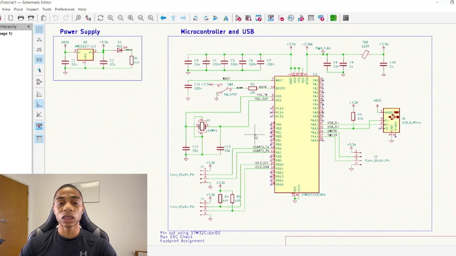Now, I know some of you may be asking, if it's reset when it's pulled low, wouldn't we want to have a pull-up resistor so that its state when it's not being reset is high? That is a great question, and that is true. But our STM32 microcontroller has an internal pull-up resistor, so we don't have to add an additional one.